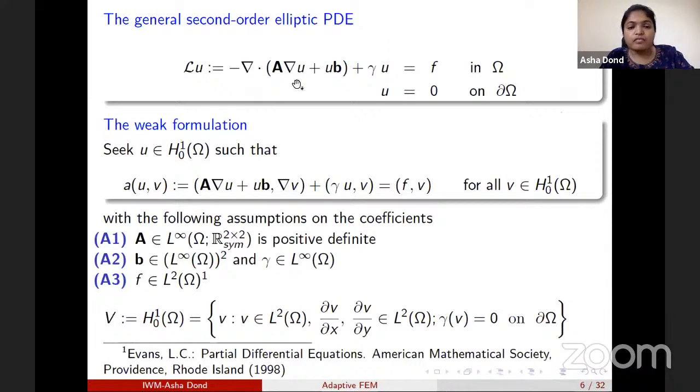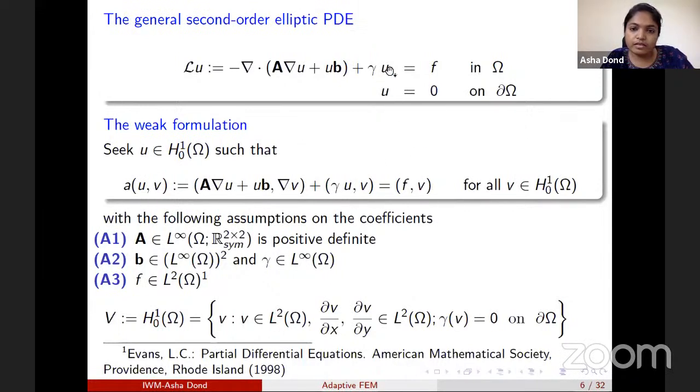The weak form of this equation is that we have to find the solution u which belongs to the Sobolev space H10 omega. This H10 omega space consists of elements which belong to L2, whose partial derivatives also belong to L2, and whose function is 0 on the boundary. How do we get this weak formulation?